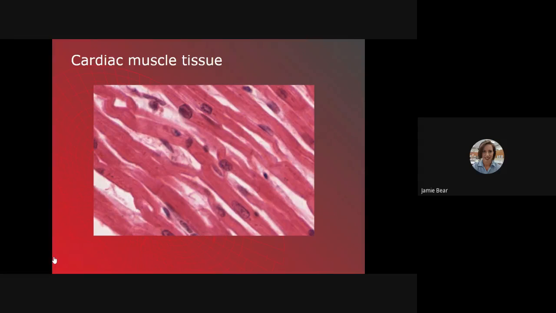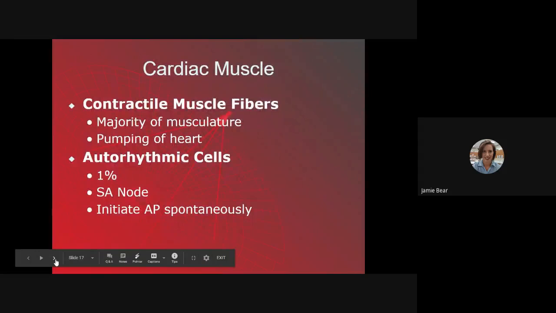So here's a pretty cool picture of the cardiac muscle tissue. As you can see, they're all connected through, like right here is called an intercalated disc. So all of the tissues are connected to each other because they have special properties. They are the contractile muscle fibers. It's the majority of the musculature in that myocardium.